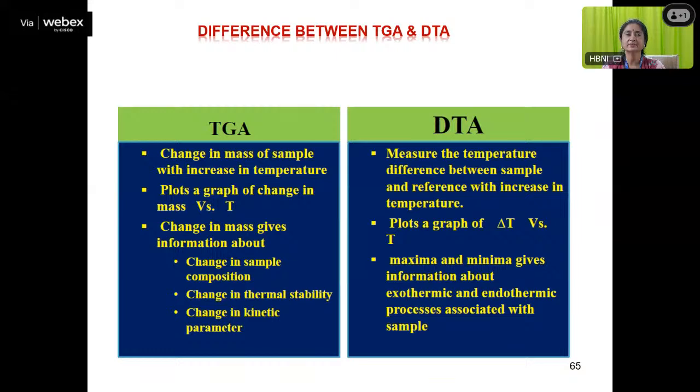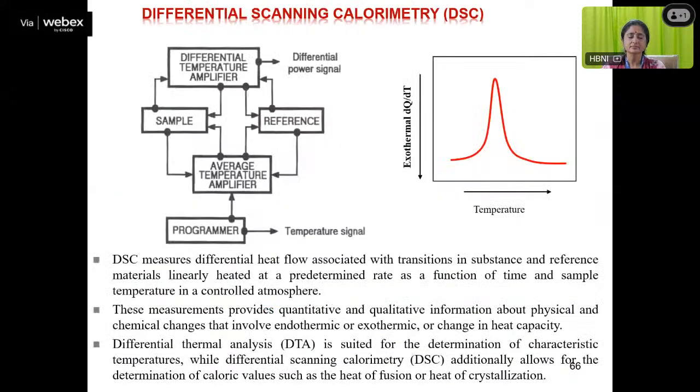Change in mass gives information about change in sample composition, thermal stability and kinetic parameters, whereas here the maxima and minima give information about the exothermic or endothermic processes associated with the sample. So for an unknown sample you have to do these in combination: you have to do TG also and DTA also, for its total characterization.